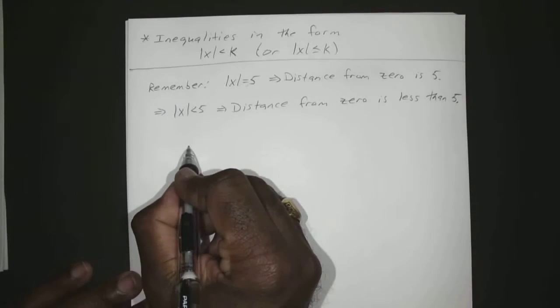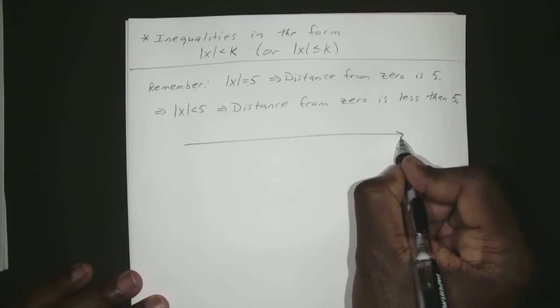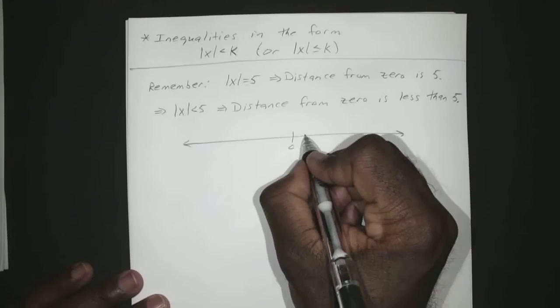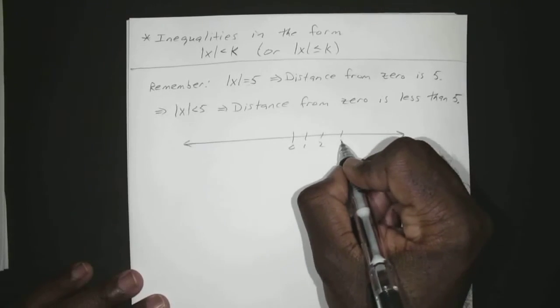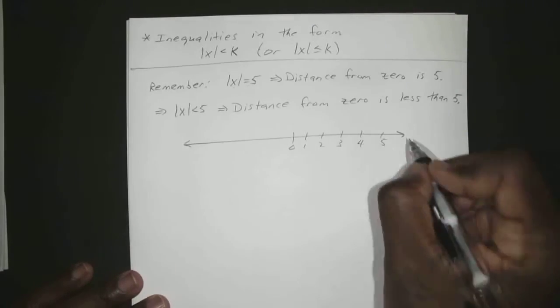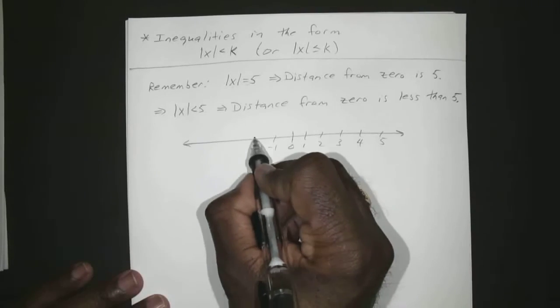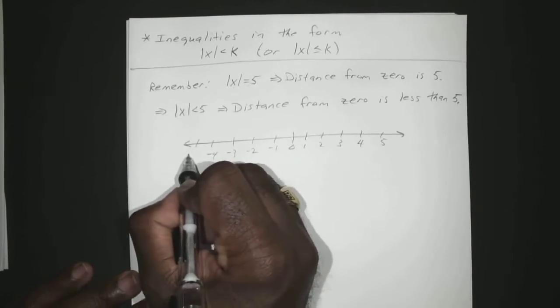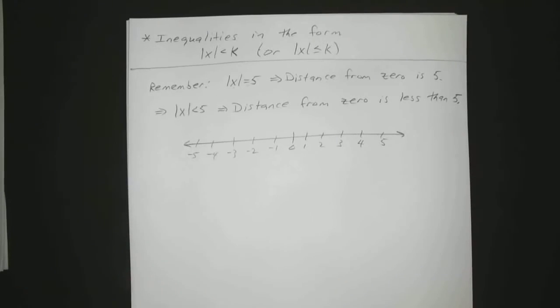Okay, so if we drew out a number line, and we started at 0, and let's say we go 1, 2, 3, 4, 5, and -1, -2, -3, -4, and -5.